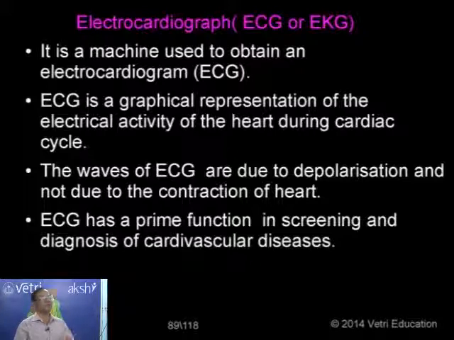The electrocardiogram is a machine which is used to obtain the graphical representation, namely the ECG. So ECG has two meanings: one is the instrument, another is the graphical representation we get on a grid paper.